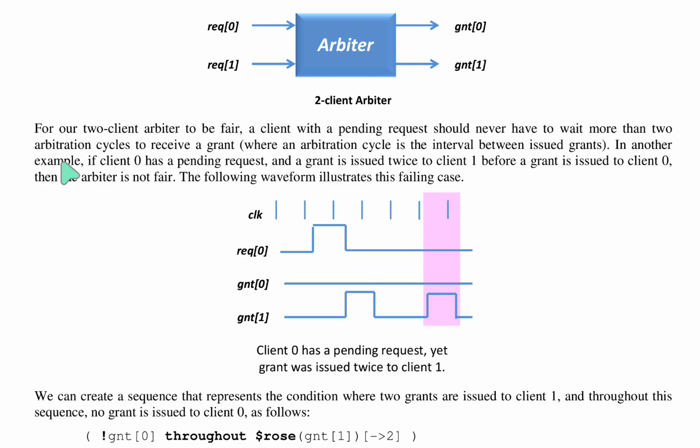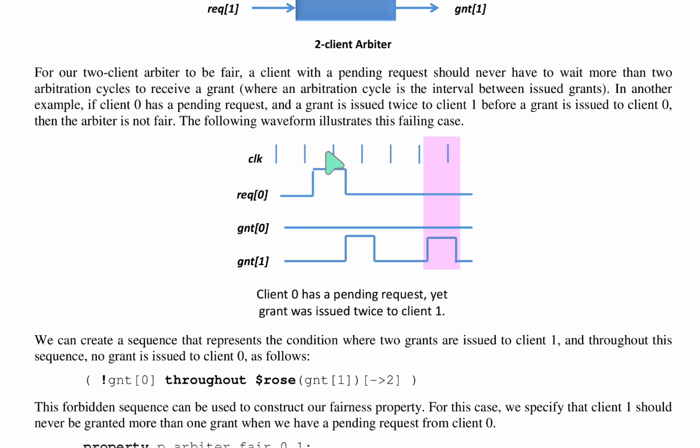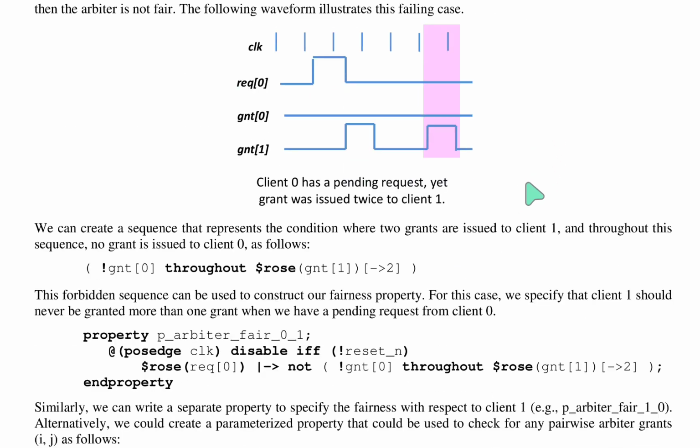For example, if client 0 has a pending request and a grant is issued twice to client 1 before a grant is issued to client 0, then the arbiter is not fair. The following waveform illustrates this failing case. The clock, request 0, grant 0, and grant 1: client 0 has a pending request, yet a grant was issued twice to client 1.